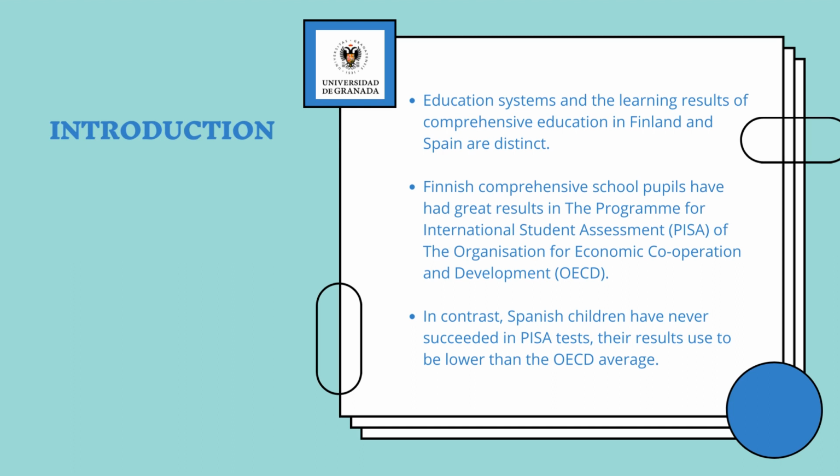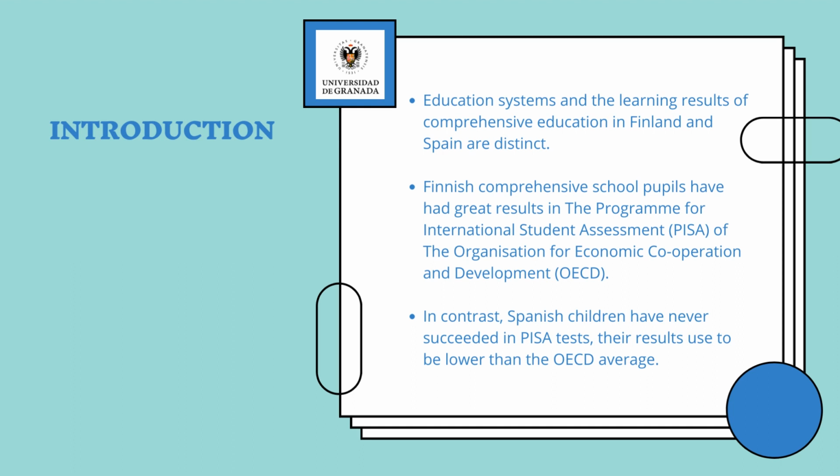Firstly, Finland has a fame of having one of the best educational systems of the world, as over the past decades we have been witnessing great results of Finnish comprehensive school pupils in the Programme for International Student Assessment, PISA, of the OECD, which is the Organisation for Economic Co-operation and Development.